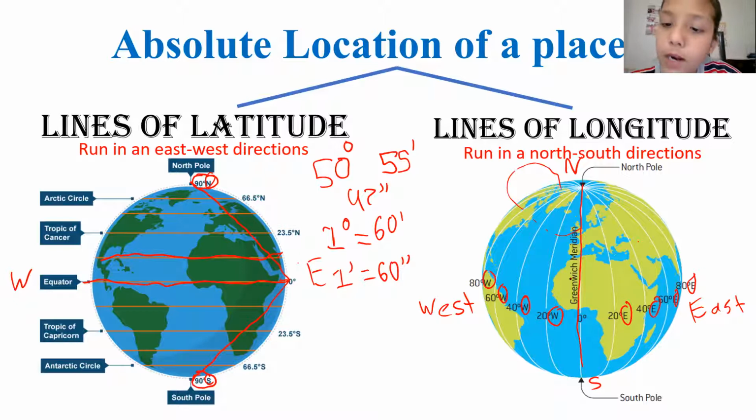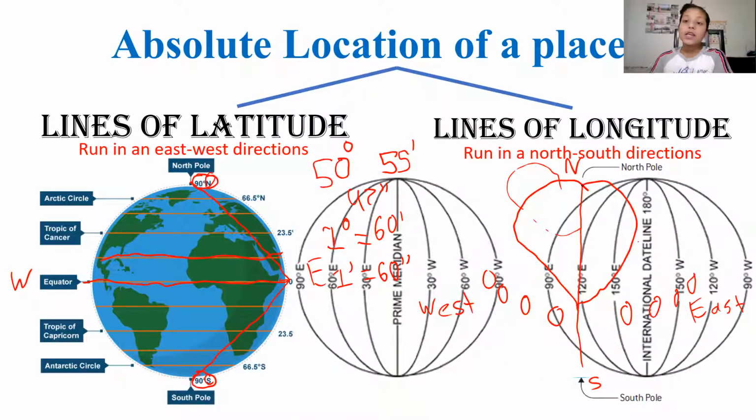So, from the prime meridian, the lines of longitude go 0 degrees to 180 degrees on both sides. It doesn't go 0 to 90 degrees. It goes 0 to 180 degrees on both sides. Here's the front and back image of Earth's lines of longitude. Let's take the prime meridian as 0 degrees.